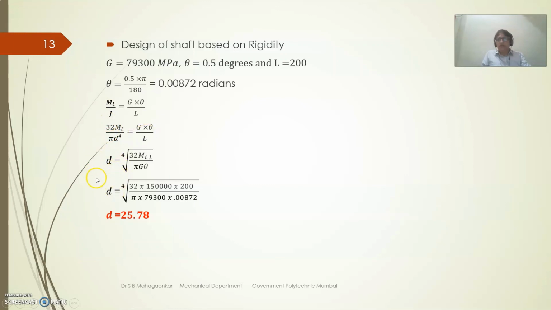Taking that, I can get D. Putting that value here, D is 25.78. So based on rigidity it is more, right? You have to take that one, and finally this is the answer for the design of the shaft for this particular problem.